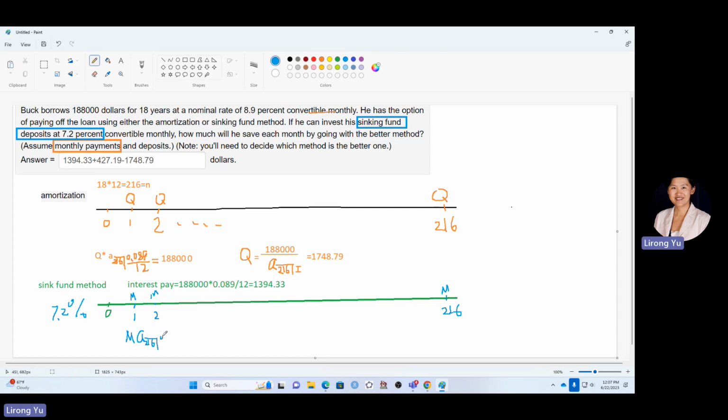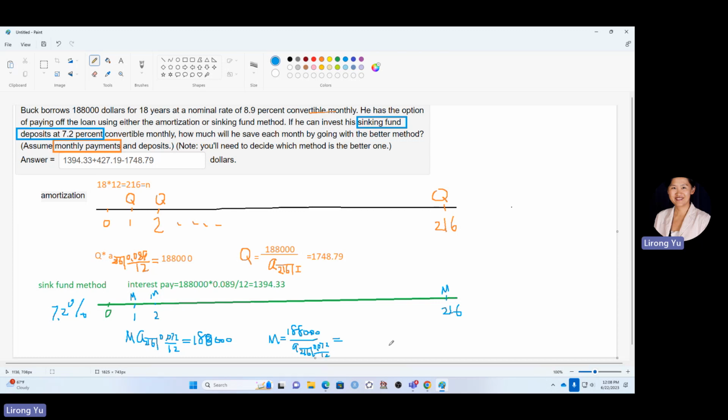This time the interest is 0.072 over 12. And this is supposed to equal the 18800. Okay, and then this M, you will calculate it using 18800 divided by A to 16 with interest rate of 0.072 over 12, a different interest rate.